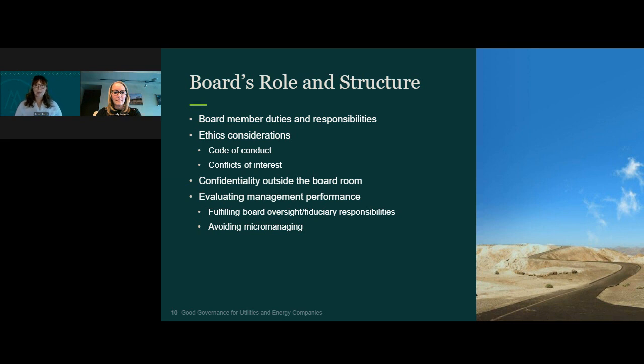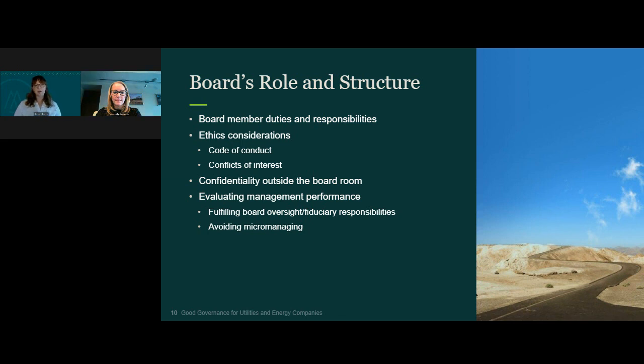Conflicts of interest are particularly important for any board: disclosing them, understanding why they're important, making sure folks are educated in them. Behaving confidentially is a really important part of any member's role. Making sure that we can make decisions and keep things that belong in the boardroom there is a really core function of any board member.